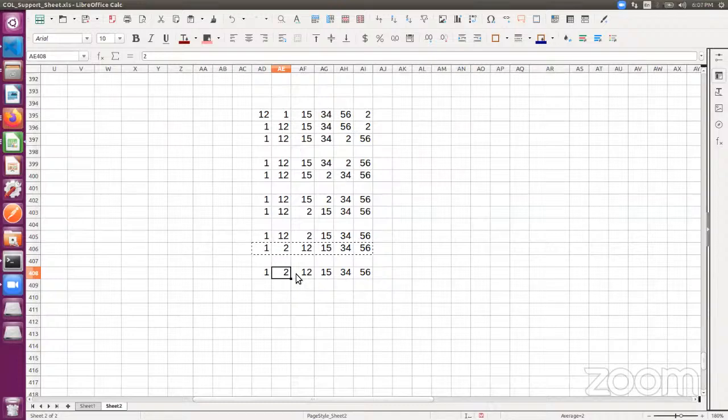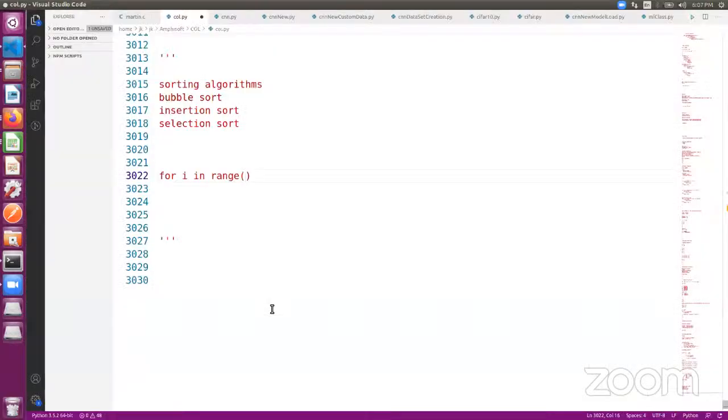Why it is happening 5 times is that you can see in the last iteration there will be only one element left out. Okay, so if there is only one element, we already know that it is sorted, right? Even if we consider it, it is not going to run at all. So we can write 0 comma n minus 1.